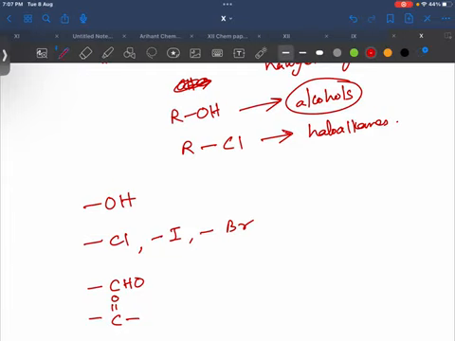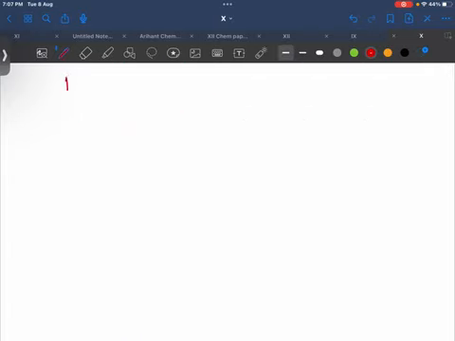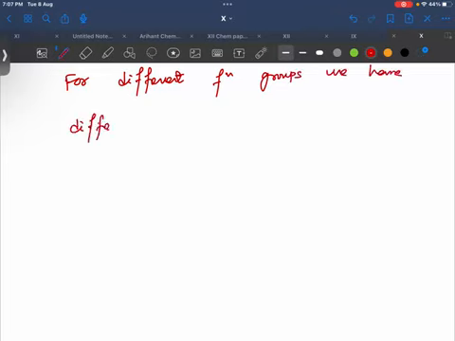Okay? So for different functional groups, we have different secondary suffix.